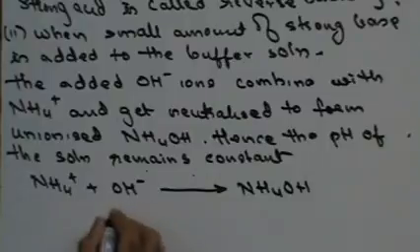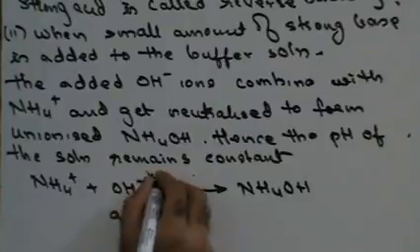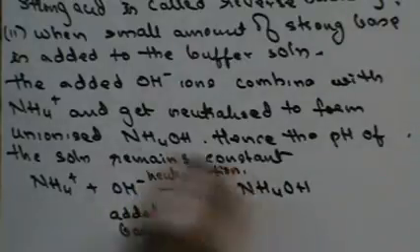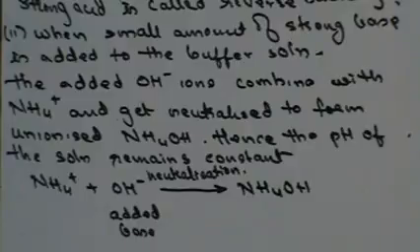This is your added base, this is neutralization, right? So that's the reason why even when I add a base, the pH does not change. And this capacity of the basic buffer solution to resist a change in its pH when a strong base is added to it is reserve acidity.